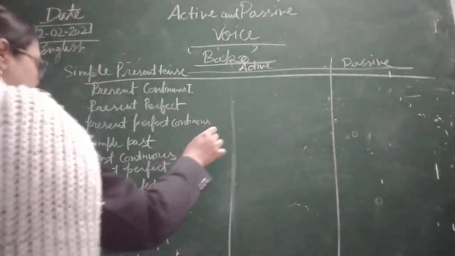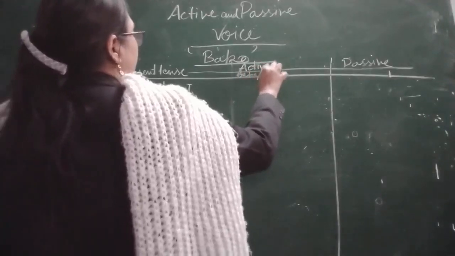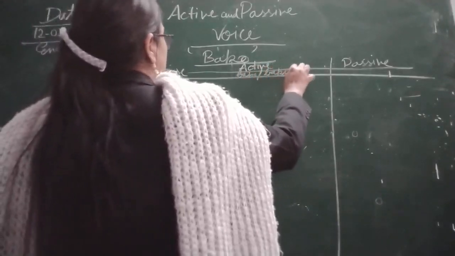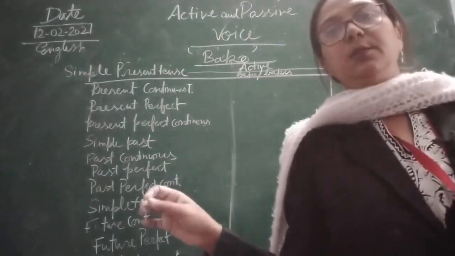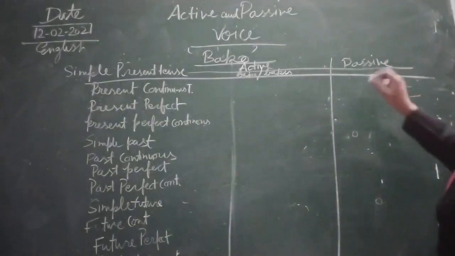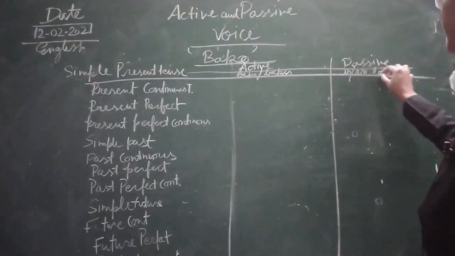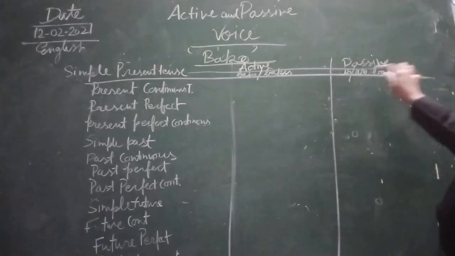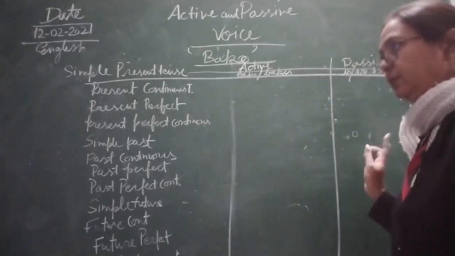So here, bake or bakes. In passive voice, what will we write? So children, according to the subject, is or are baked. We will write the past participle, baked, in the passive voice.